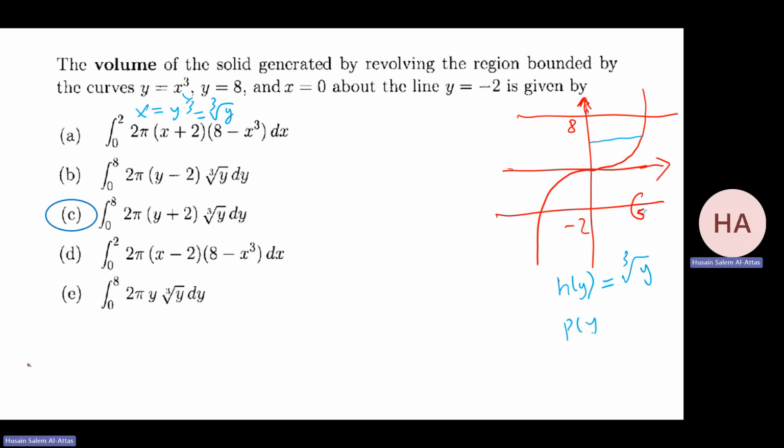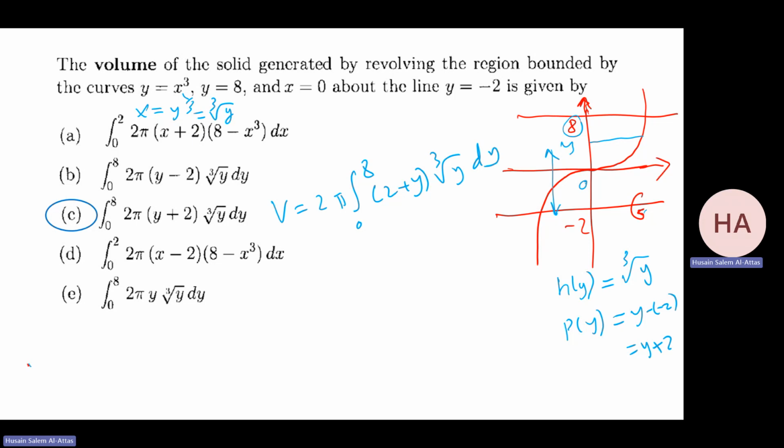And p of y, if this is y, I want this distance, which is y minus minus 2, in other words, y plus 2. From where to where? The y values. It will be from 0 to 8. So the volume will be 2 pi, 0 to 8, y plus 2 times cubic root of y, dy. What is this one?